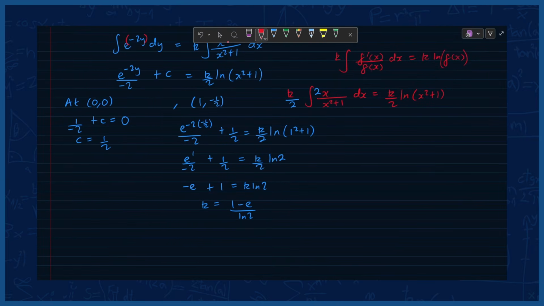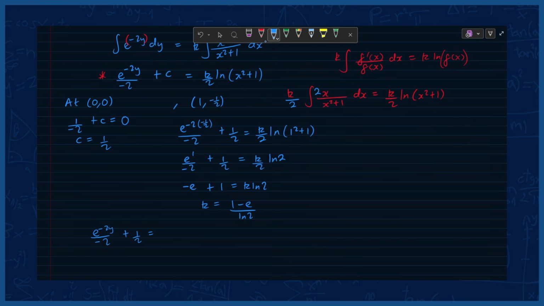And so if we go back to this here and substitute, I should have e to the negative 2y over negative 2 plus c, which is a half, is equal to k over 2.